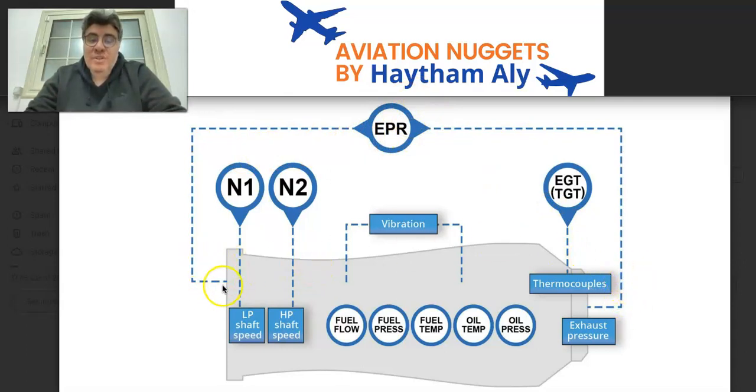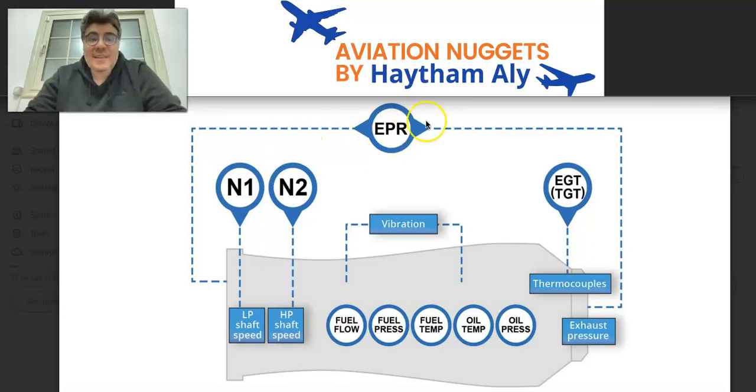Okay, everybody? So EPR is the output pressure divided by the input pressure. So we have two sensors to measure the output pressure and the input pressure. If these two sensors are okay, we have EPR. And if any one of them fails, we will revert to N1 mode.